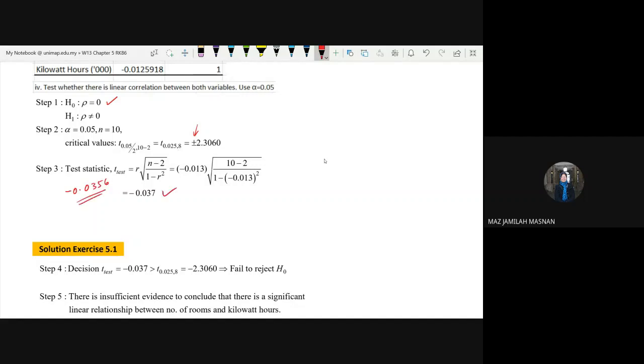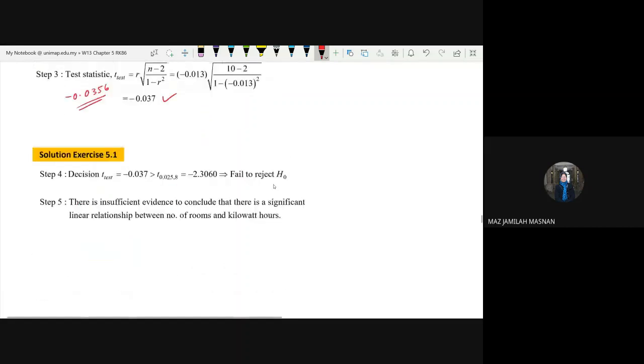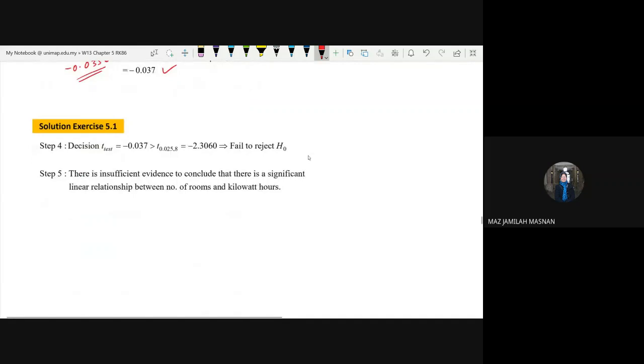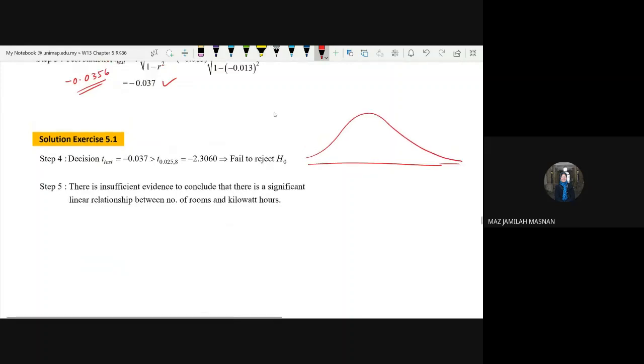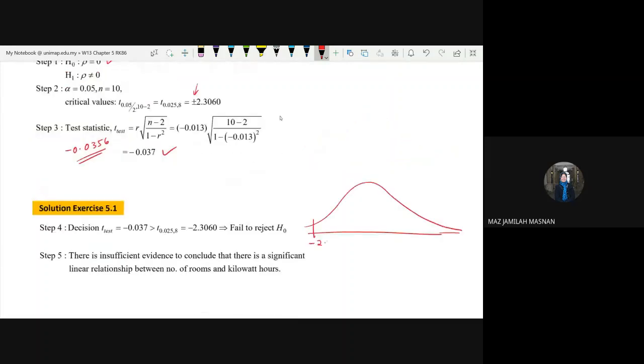Once you get your t critical value and your t test, then we need to compare. Our t critical values are negative 2.3060 and 2.3060, and our t test is negative 0.037, near to 0.